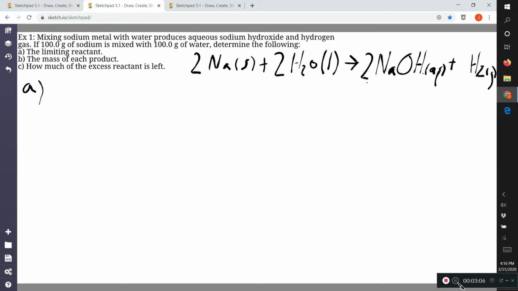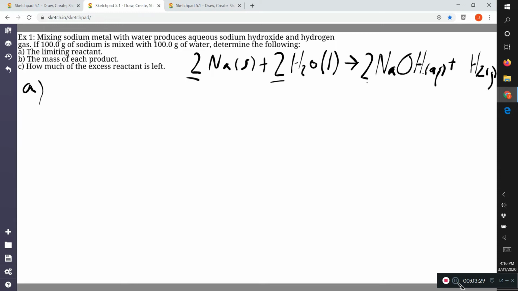That means we need the same amount of sodium metal in moles as we do water moles. Because they both have the number 2 here, we need the same number of moles of each one for the reaction. So we're going to start by converting sodium and water into moles from their masses listed in the problem.